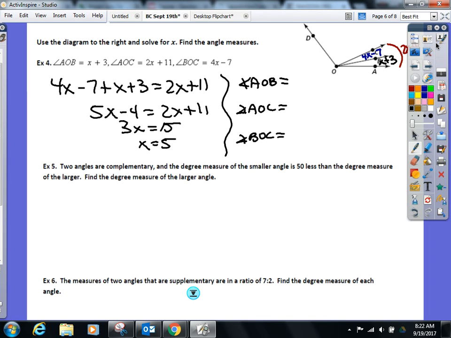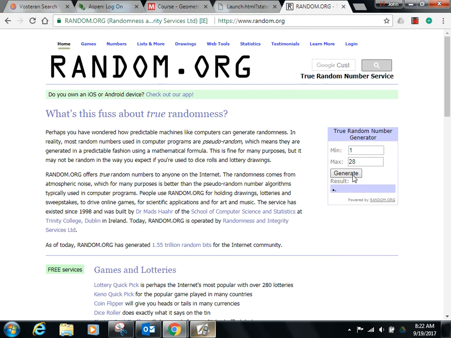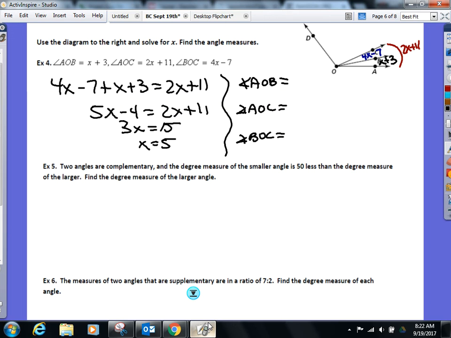We're getting 5? X equals 5? Okay, go ahead, go through it with me now. What'd you find for the angle measurements? AOB? Nobody got 5?